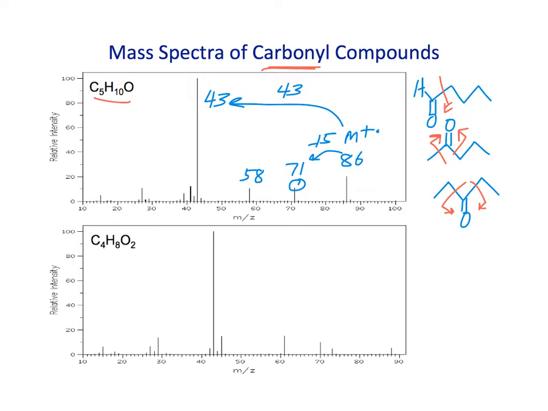Now, this one at 58 is kind of special, though we're going to ignore it. Note what's different about the one at 58 from the other fragment ions. It's an even number.